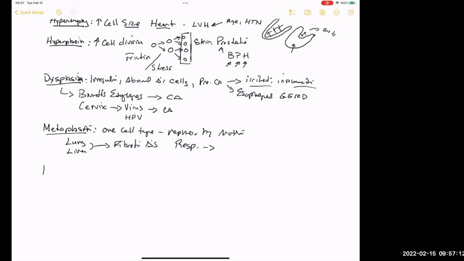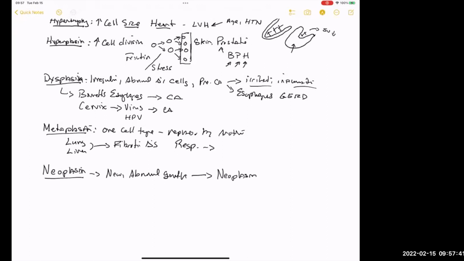And then what can happen is you can also get something called neoplasia. Neo means new, so it is new abnormal growth. And this is often what leads to the development of something called a neoplasm.